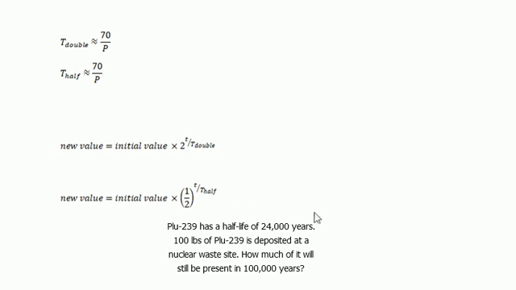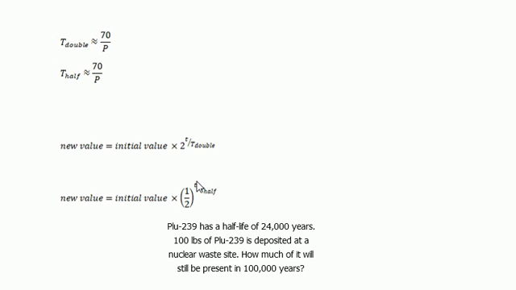And so if we were setting this up, because it is dealing with half-life, we'll use our half-life formula, and we would put our initial value, that's how much we started with, 100 pounds. And then our half-life we know is 24,000 years, so that goes in here. And then our new time is this smaller t up here, would be 100,000 years.